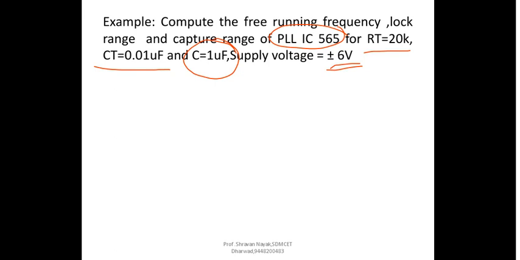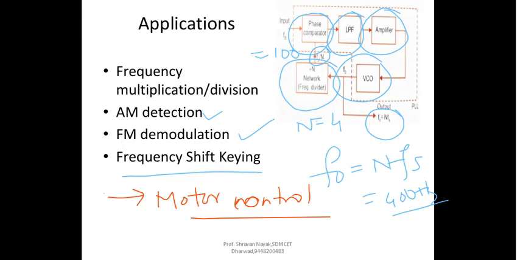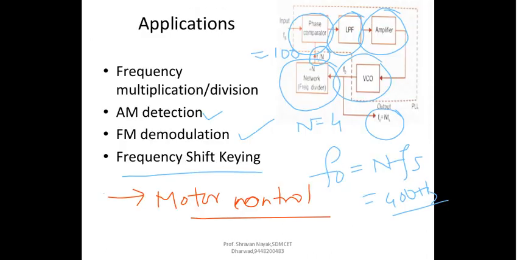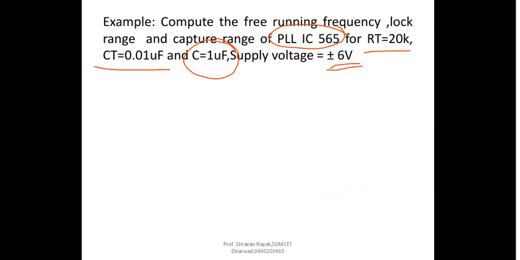Please bring the diagram back to your mind, which we discussed a couple of slides before. Here the value of RT is given, the value of CT is given, the value of C is given, and the supply voltage you are going to give to your PLL is plus or minus 6 volts. We have the formula to calculate F naught, that is equal to 0.25 divided by RT into CT.